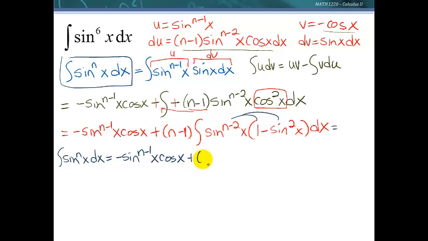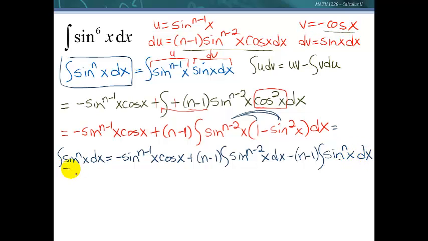So the first of those is plus n minus 1 integral of sine to the n minus 2 x dx, and then the next piece, when I multiply this one to this one, it's going to have a negative on it. We've got n minus 1 integral, and so I add the exponents, so I have n minus 2 plus 2, so that's going to just leave me sine to the n x dx.